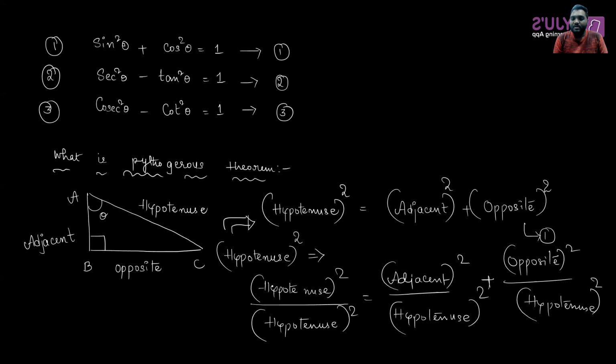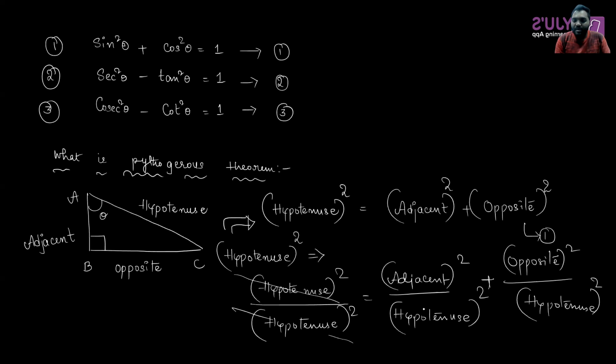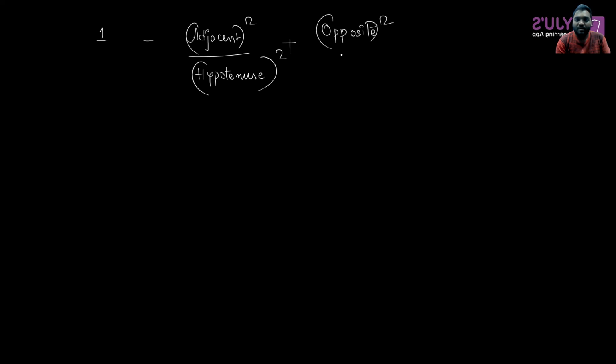On the LHS, the hypotenuse square gets divided exactly, so we can cancel them. Now you get 1 equals adjacent square divided by hypotenuse square plus opposite square divided by hypotenuse square.